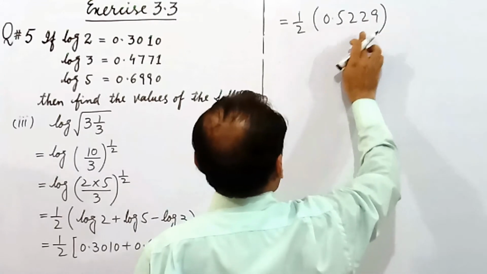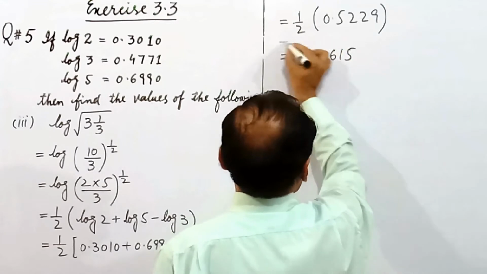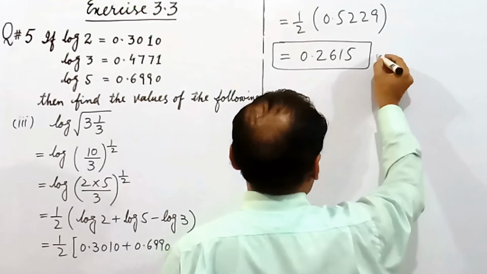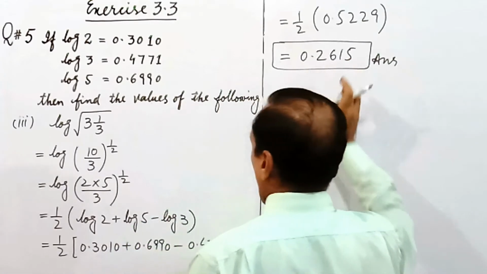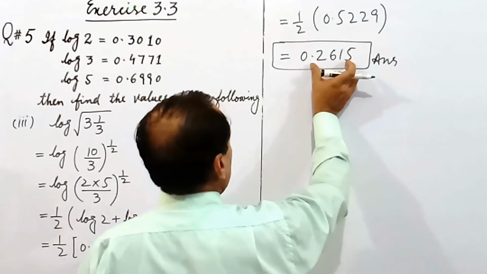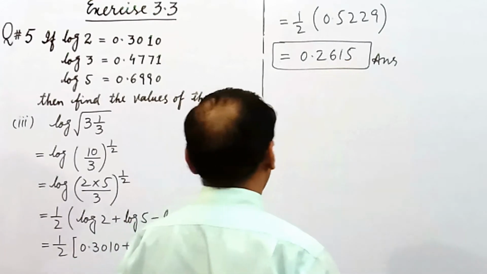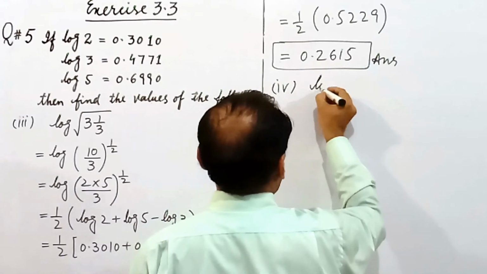By dividing 0.5229 by 2 we have 0.2615 after rounding. Hence we get the value of log of the square root of 3 1/3 equal to 0.2615.